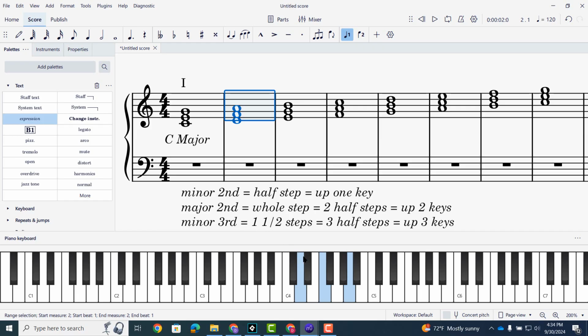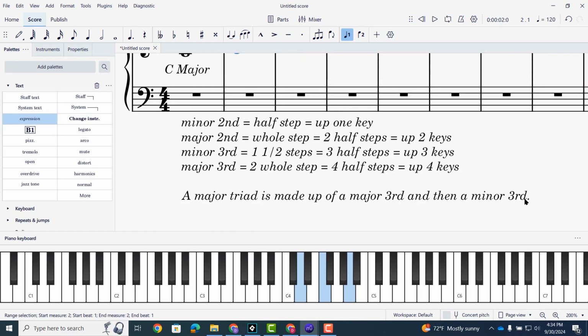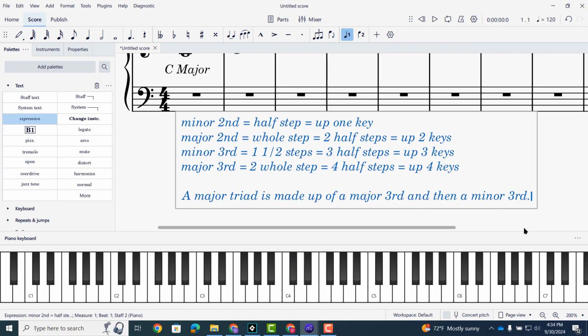So we have a minor third at the bottom, and then we count up from this one, 1, 2, 3, 4. So we have a minor third on the bottom and a major third at the top. So it's just the opposite of a major triad.